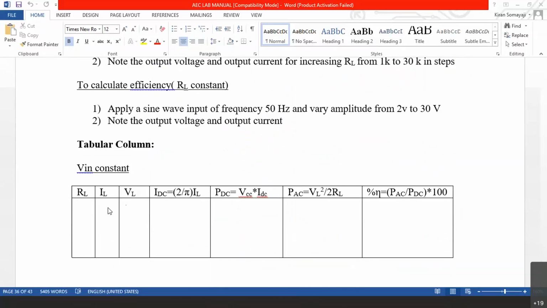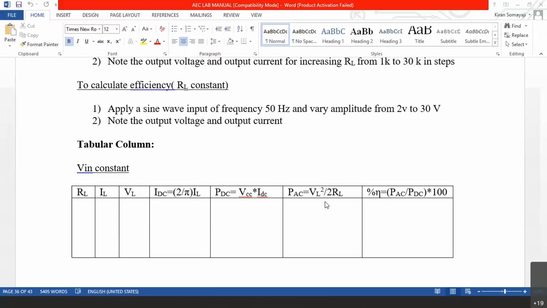Now, as the load current and load voltage are AC in nature, the respective DC current can be found out as IL into 2 divided by pi. This formula you are already familiar with. And then later on, DC power can be calculated as VCC into IDC. Now, AC power can be calculated by means of VL square divided by 2RL.